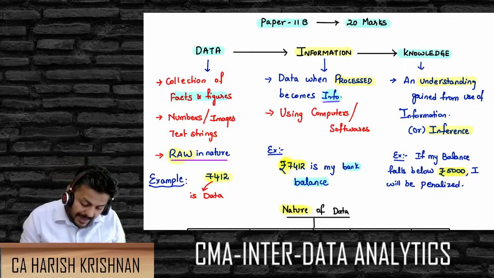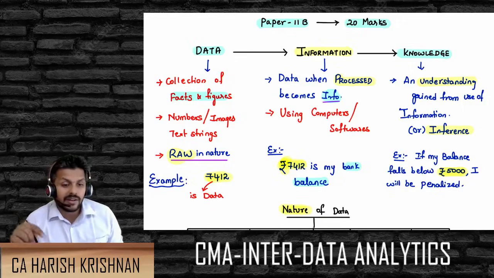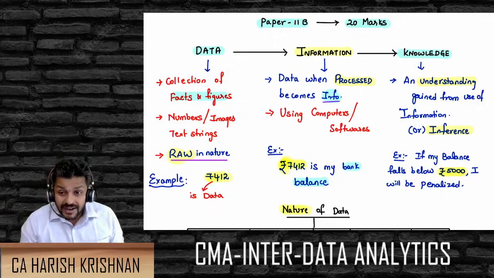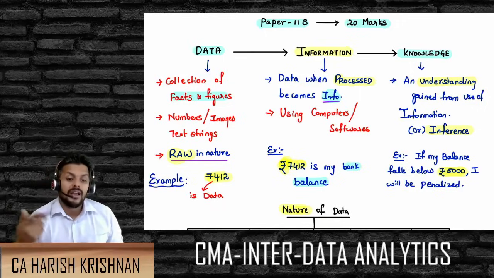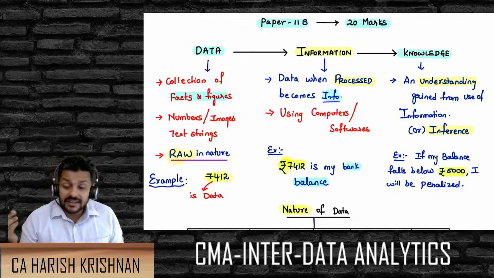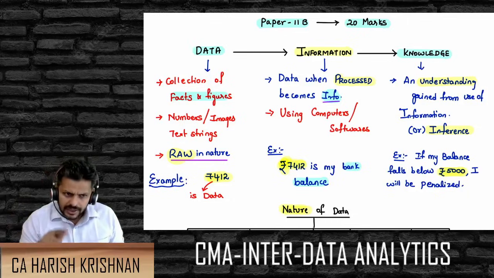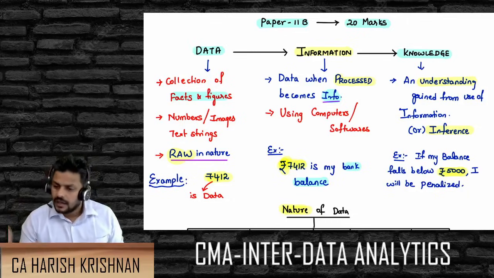So if the balance falls below 5000, I will be penalized. So knowing 7412 is your bank balance was information, and knowing the fact that if your balance goes below 5000, you will be penalized is knowledge. Then later you can't say, sorry sir, I don't know, and all that, right? So this is the basic idea behind what these three terms are: data, information, and knowledge.